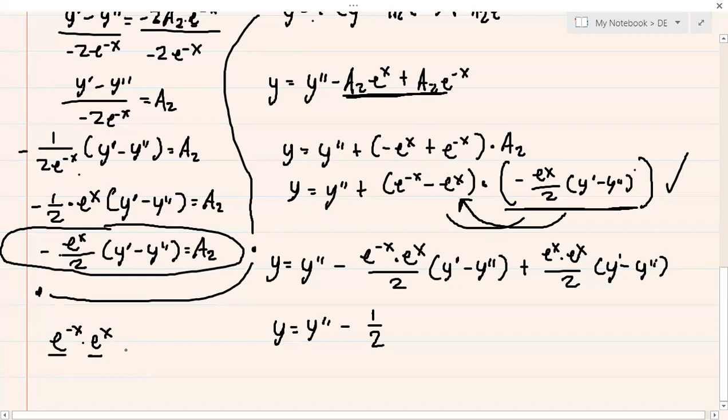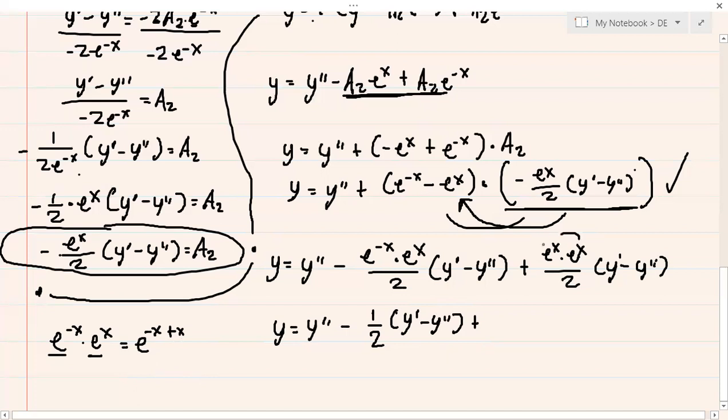If you have two or more terms with the same base and each has an exponent, you copy the base and add the exponents. So you have negative x plus x. Negative x plus x is what? 0, right? So e raised to 0 is 1 because anything raised to 0 is 1. So therefore we have 1 half times quantity y prime minus y second prime.